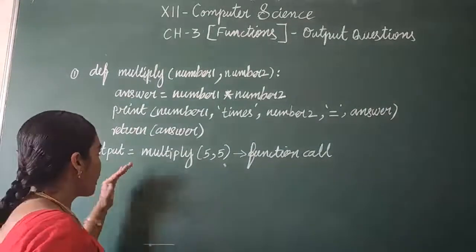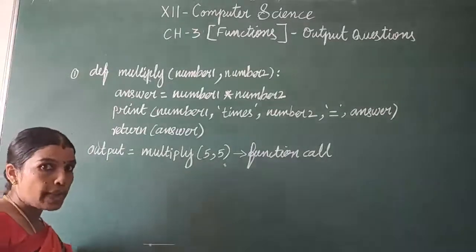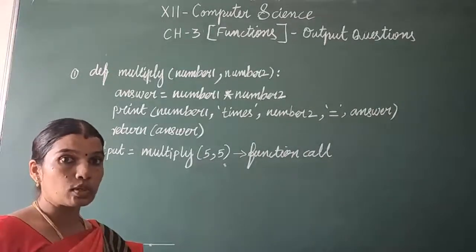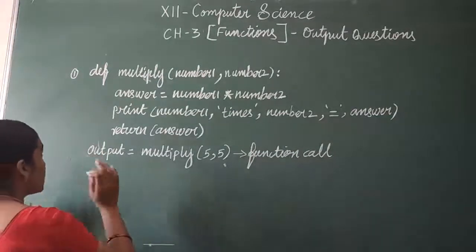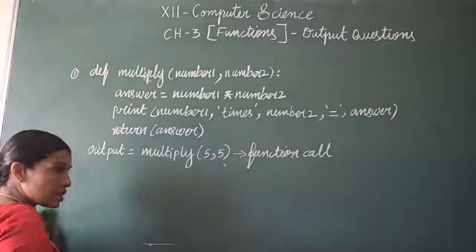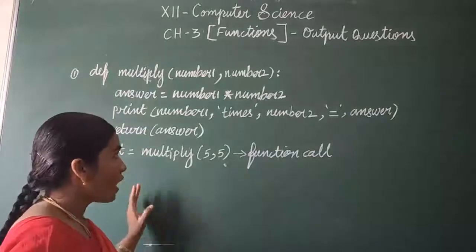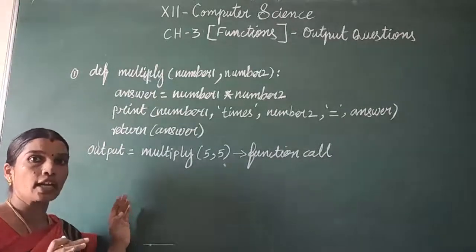Let us see. First, the program execution begins with the main segment. First, the control will move here. It checks the function header, whether we have given a proper function header or not.